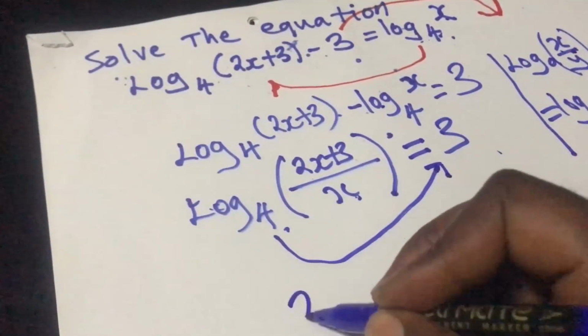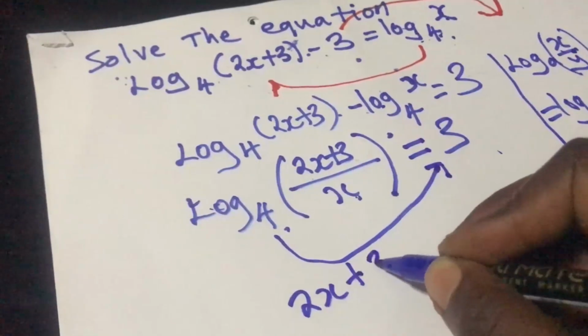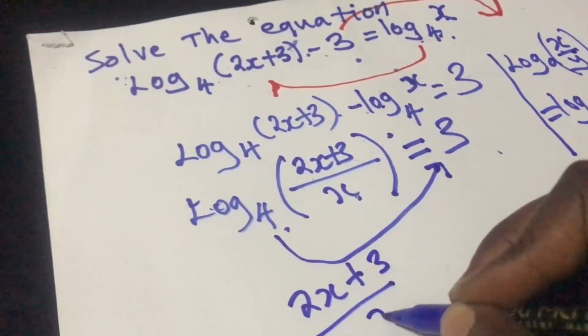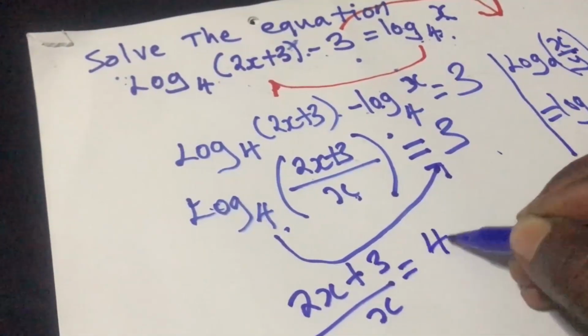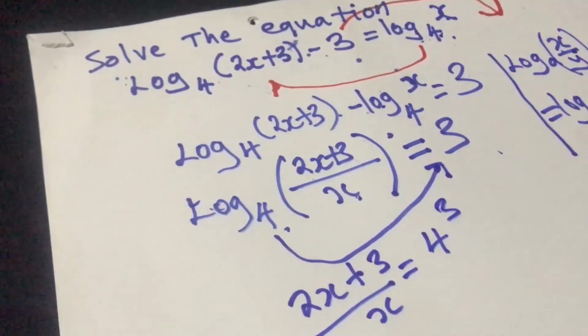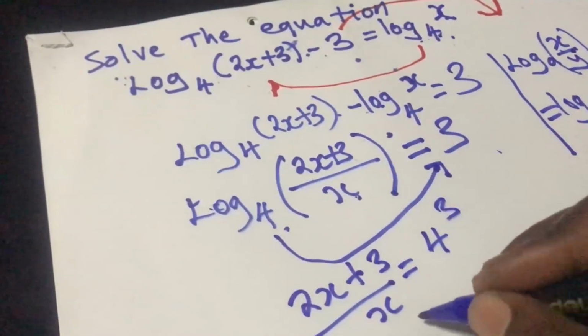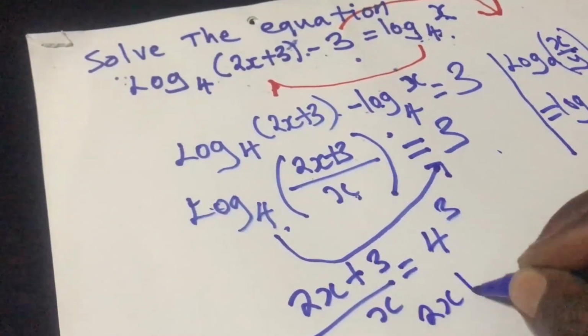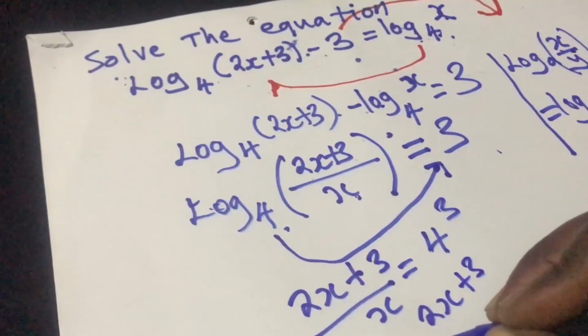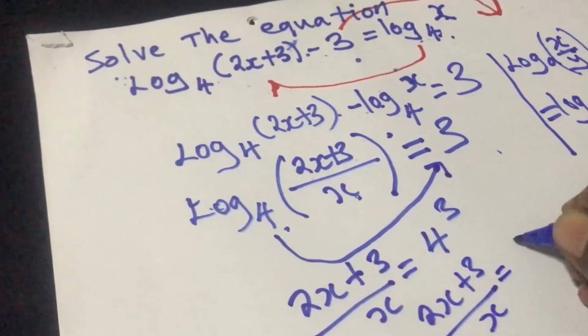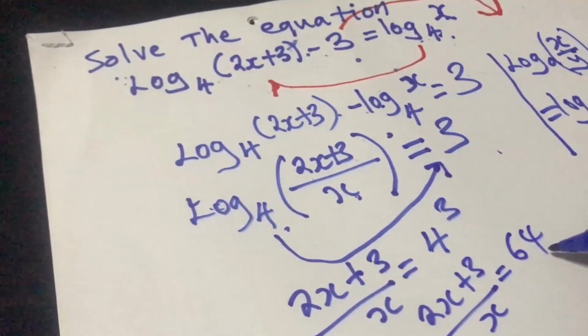So you're going to have (2x plus 3) over x is equal to 4 to the power 3. So 4 times 4 times 4, that's 64. So in short, (2x plus 3) over x is equal to 64.